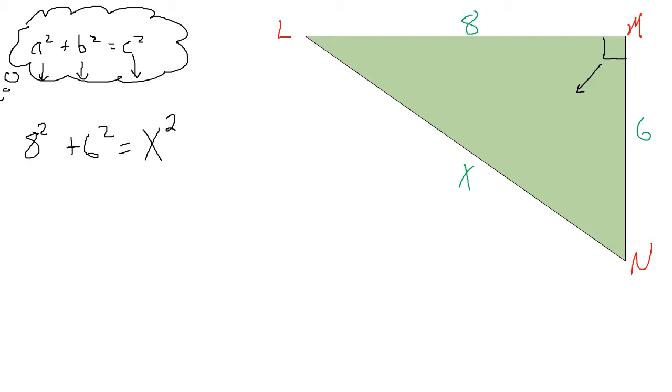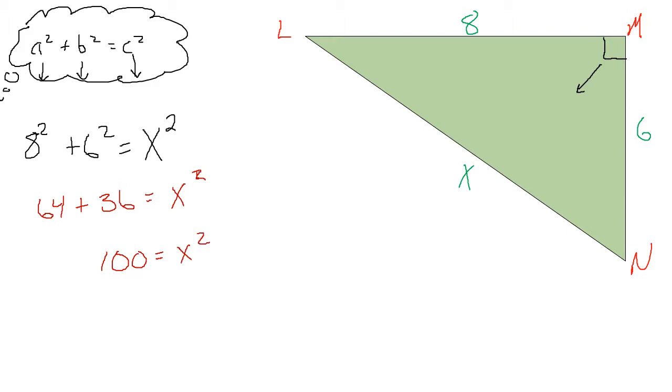I'm going to solve this by starting here. 8 squared is 64. What's 6 squared? 36, equals X squared. 64 plus 36 is, can you do that in your head? That's right, it's 100.